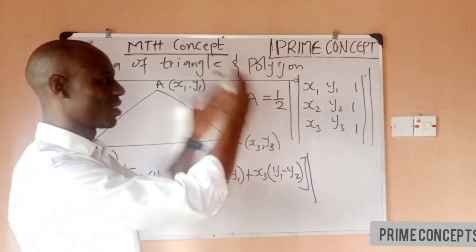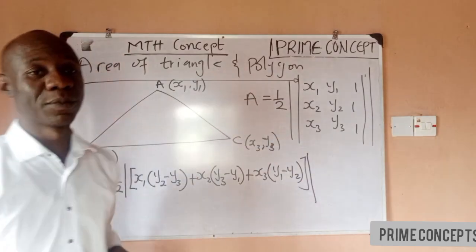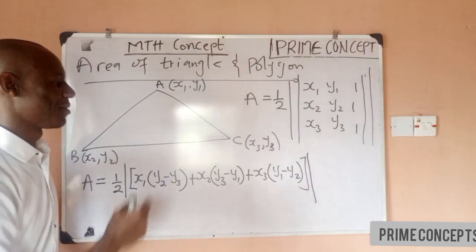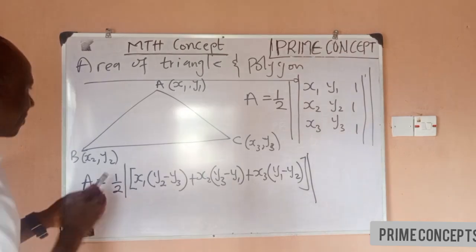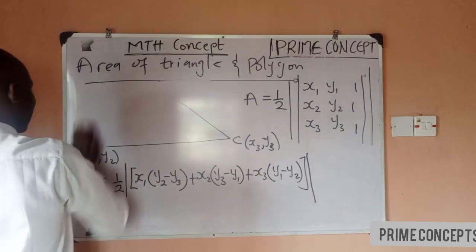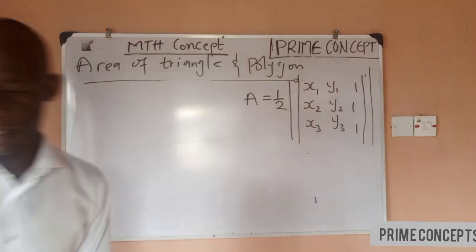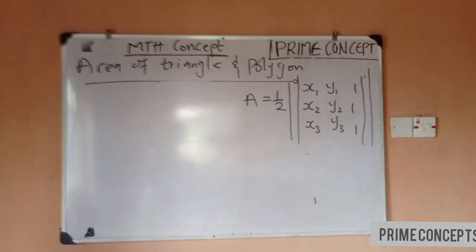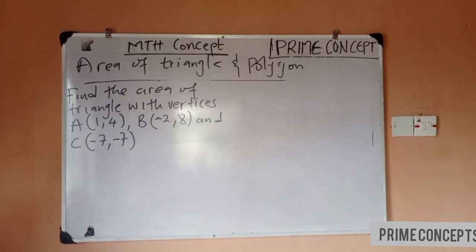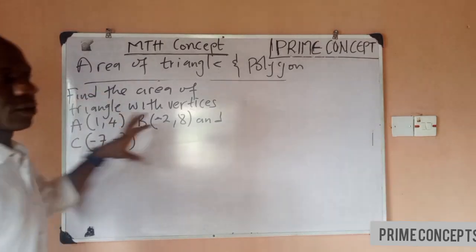So we're going to use this concept to solve a simple problem on the area of a triangle. Let's consider this problem very quickly. Now we have this question on the board.